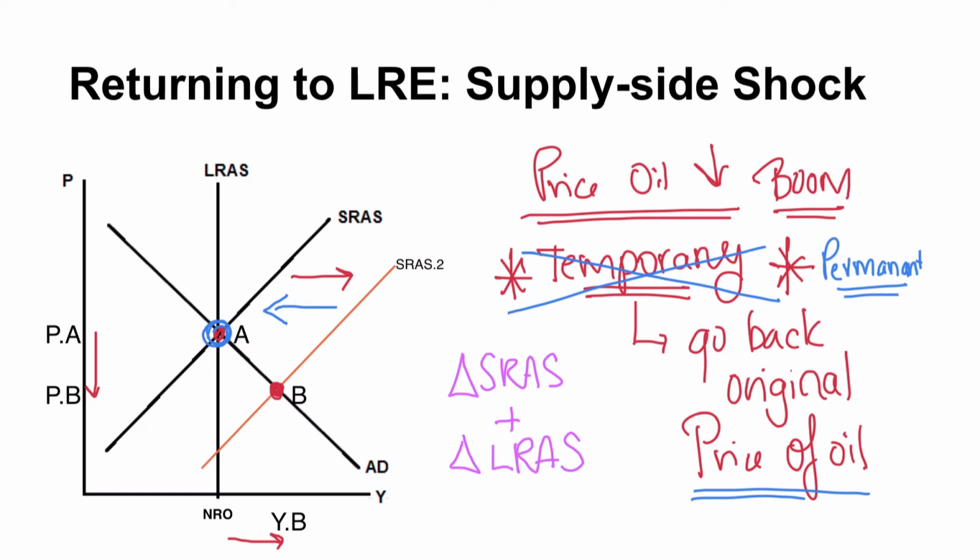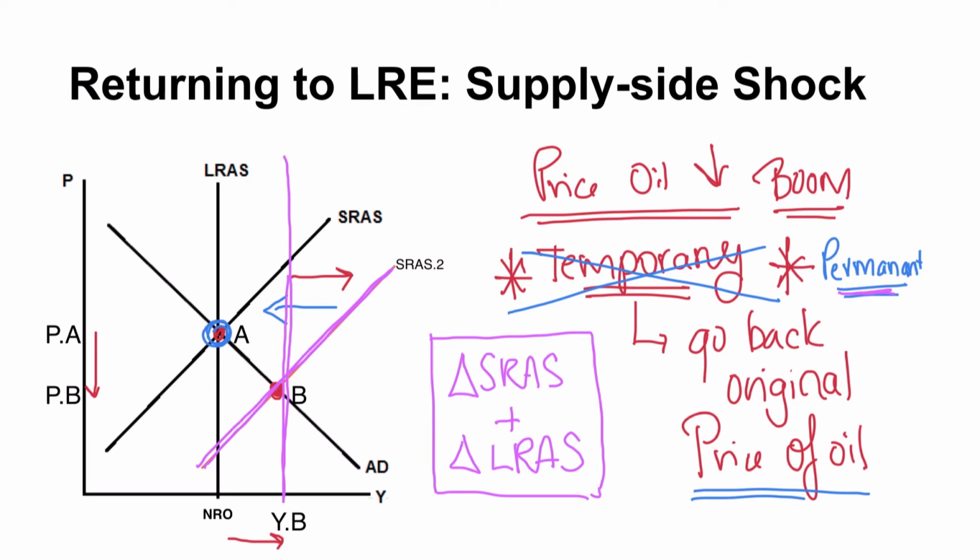So if the supply shock is a result of a permanent adjustment in resources, then the short-run aggregate supply curve changes and the long-run aggregate supply curve changes. So what we observe then with a permanent resource change is long-run and short-run aggregate supply curve change. So we permanently have a new long-run equilibrium.